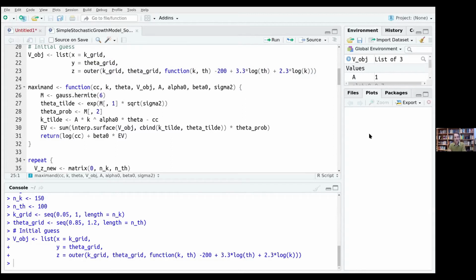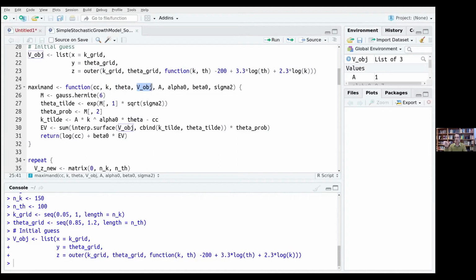Then starting in line 25, we define what's in the square brackets of the Bellman equation. So what we used to call the maximum on the slides. And the maximum here is, of course, a function first of the control variable, which is consumption. Let's call that C here. Then it also depends on the current value of the technology level. It also depends on the value function on the right-hand side, the one which is inside the expectation.